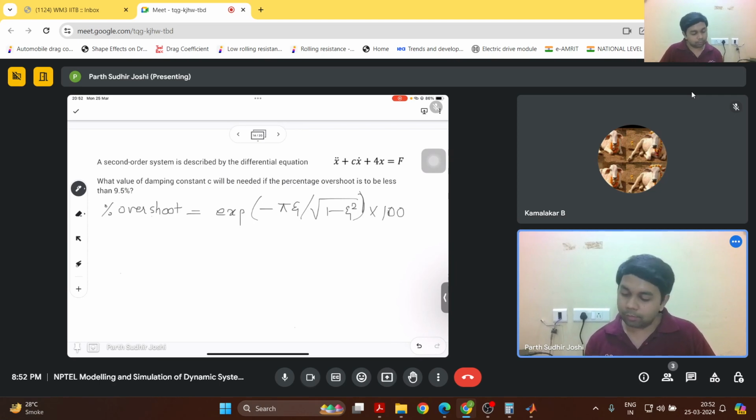So then we can say that omega n square is 4. So omega n is 2 based on the coefficients basically.